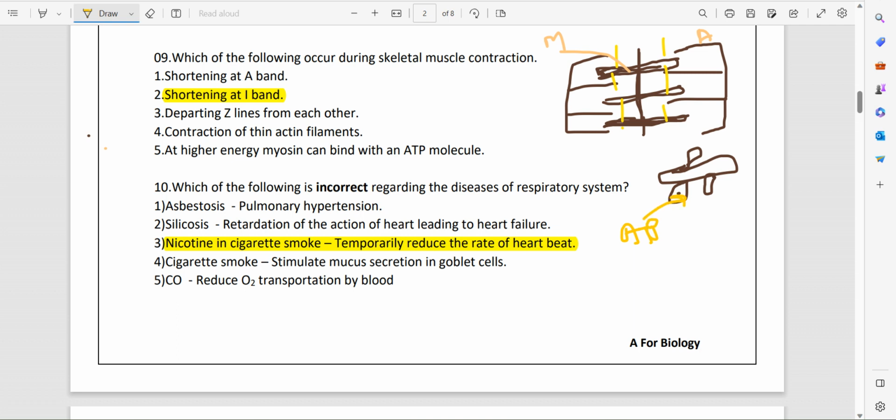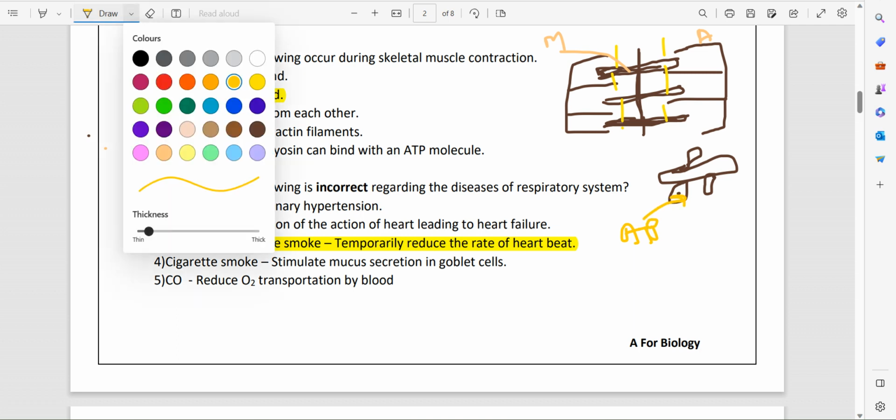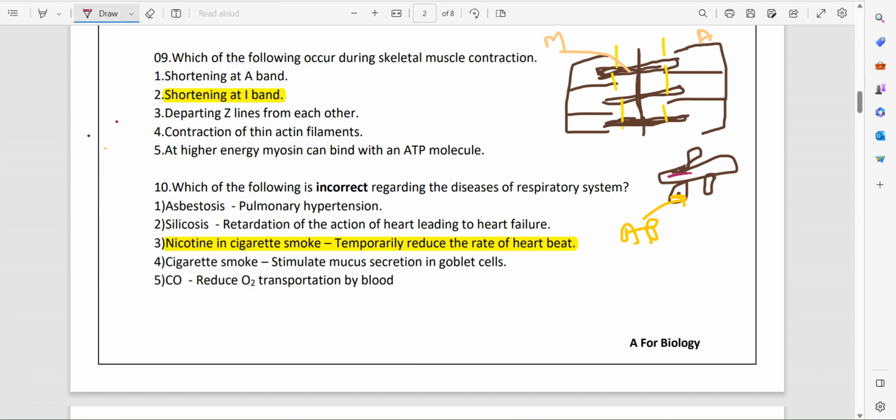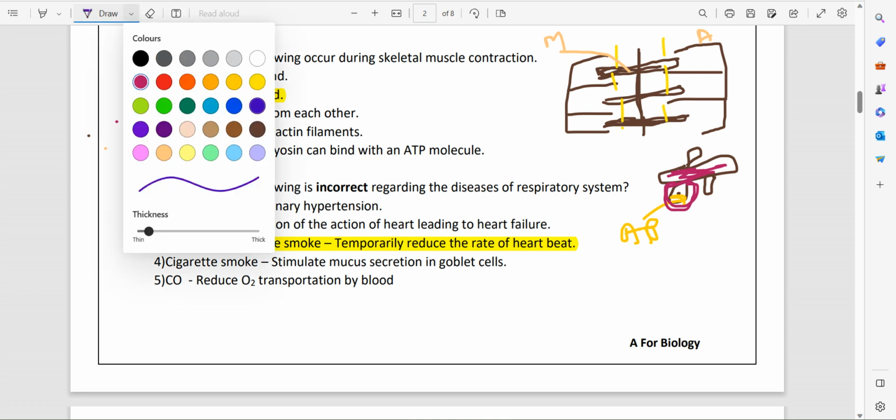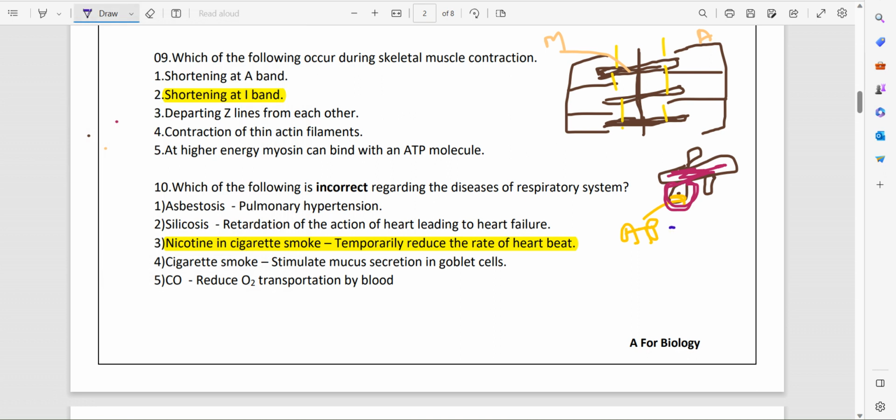So if I draw it properly, if we take this as a thick filament, their tails are bundled together and they have a head sticking out, and this head has a binding site for ATP, and if we take this as actin filament, it has a binding site for the head region of myosin, and they bind together and form a cross bridge.